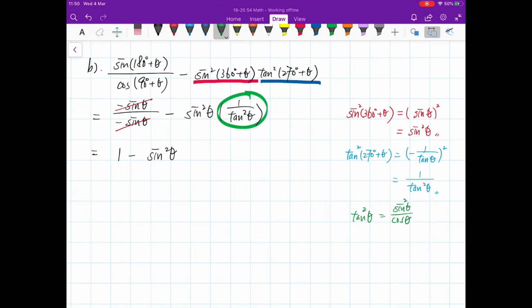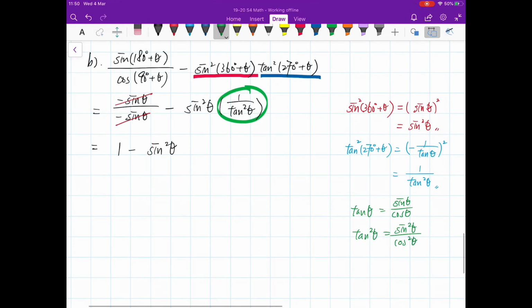If we square both sides, tangent square theta equals sine square theta over cosine square theta. Finally, we need a 1 over. For the right hand side, we just swap the numerator with the denominator, so that it becomes cosine square theta over sine square theta.